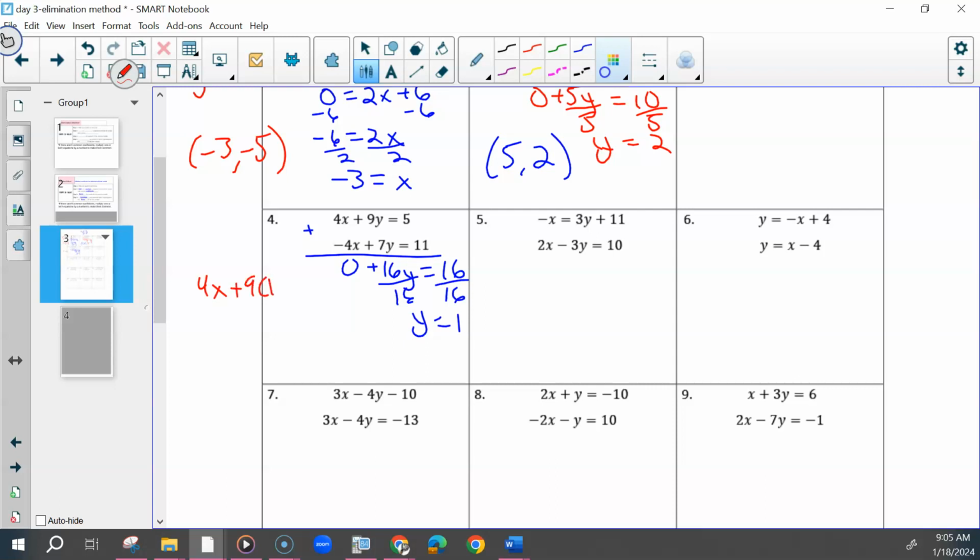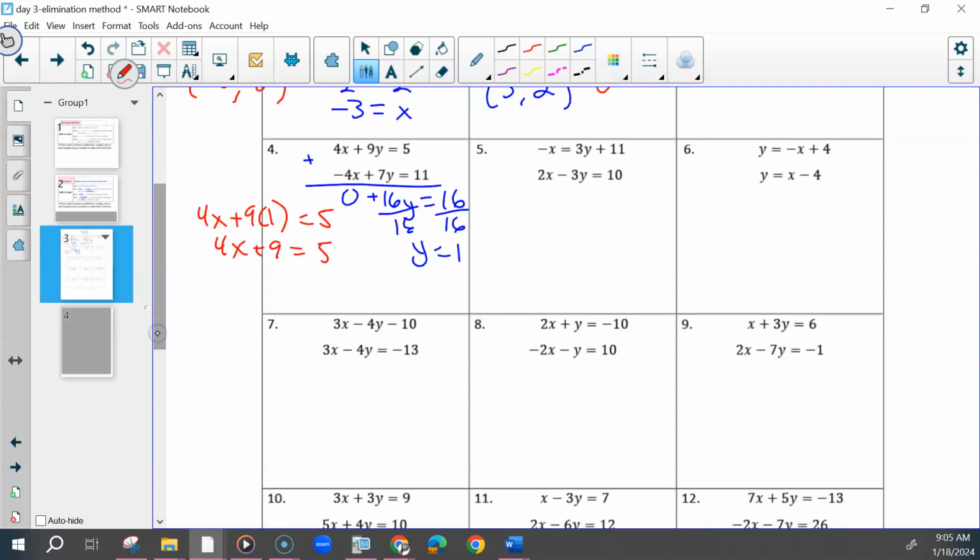You should still get the same answer either way. So if you use the second one and you still got negative 1, then that's fine. The ordered pair there would be negative 1, 1.